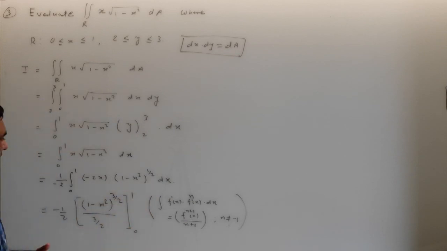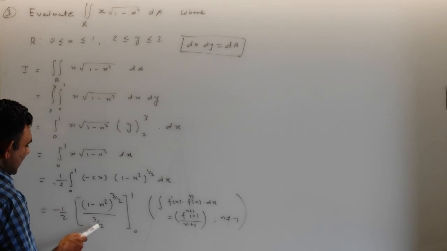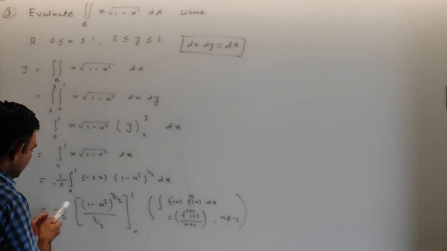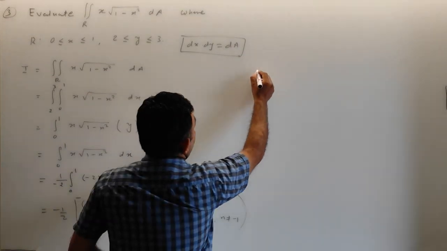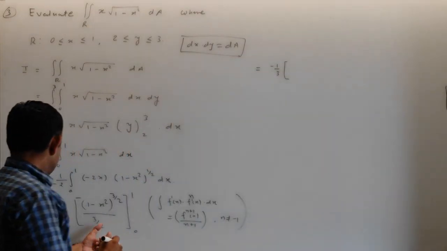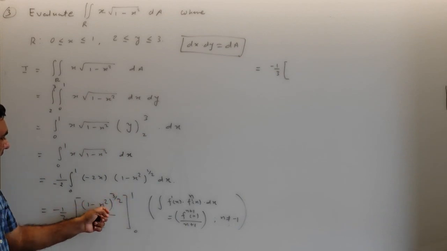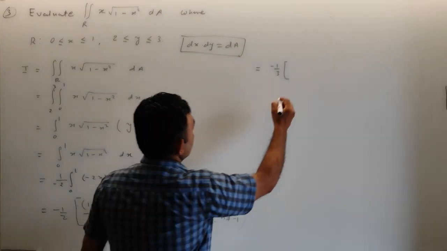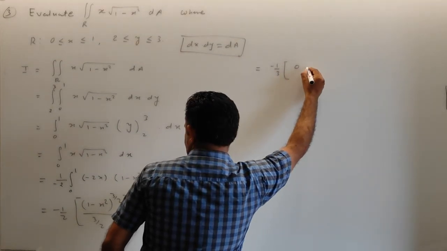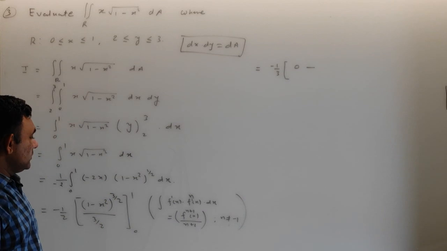So now you just substitute upper limit and lower limit, then see 1 by 2 will get cancelled, so we are left with 3. So let me take 3 outside. So what I have, it is a minus 1 by 3 and 1 minus x square, and you replace 1, so 1 minus 1 is 0, minus now 0, then it is 1 raised to 3 by 2.